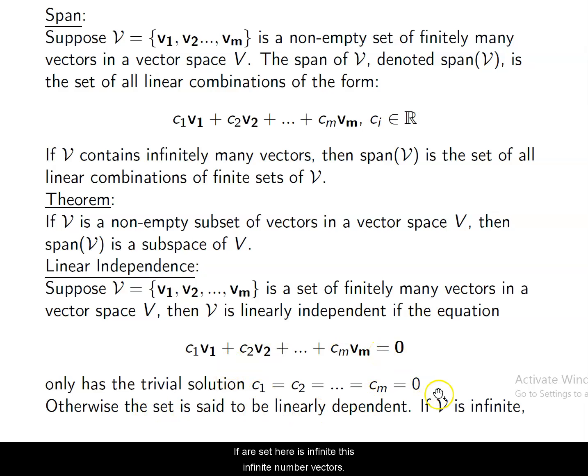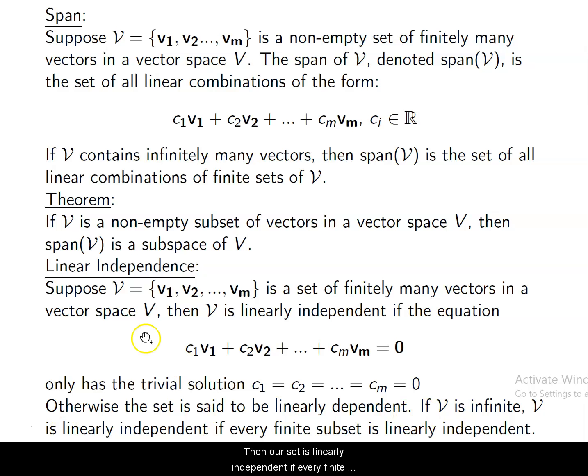If our set here is infinite, there's an infinite number of vectors, then our set is linearly independent if every finite subset is linearly independent. So what does that mean? It means that if I took just one, that one vector would be linearly independent. If I took just two, those two vectors have to be linearly independent.